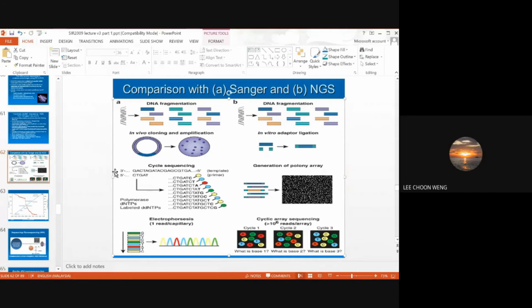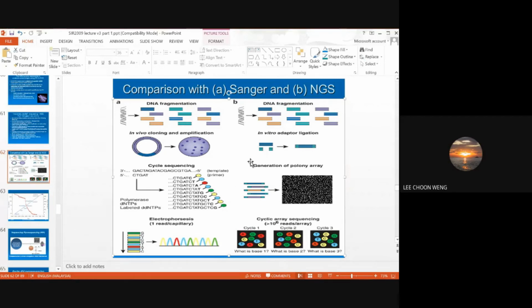Then cycle sequencing for Sanger, where you terminate the sequencing reaction using dideoxynucleotides of different colors, and from the colors you can see the sequence of the DNA fragment that you have.